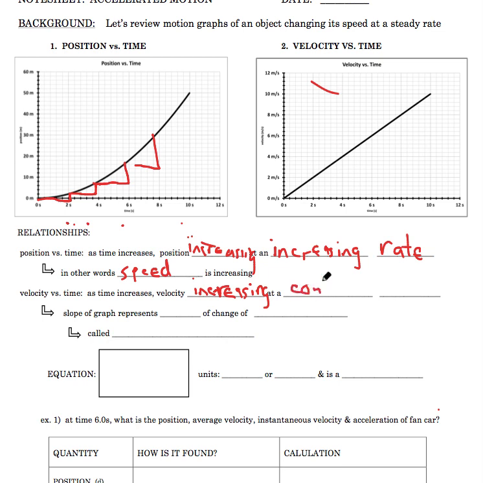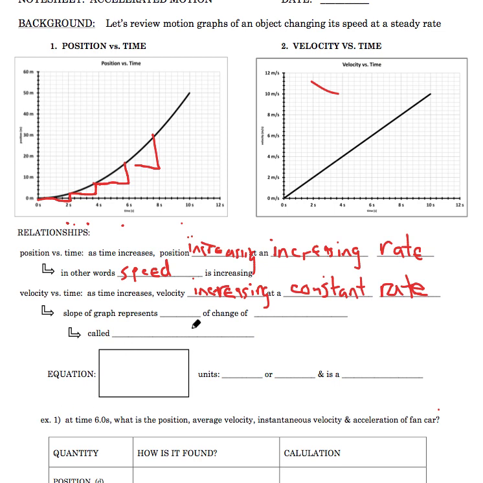So it's increasing at a constant rate. Let's contrast these two ideas. Increasing at an increasing rate: the actual points are getting further and further away, and the slope is increasing with time. Whereas in this one, the points are getting further and further away from 0, but the slope is constant.